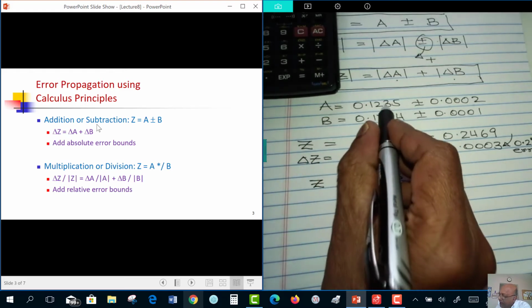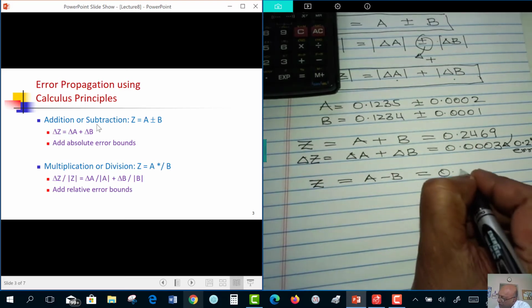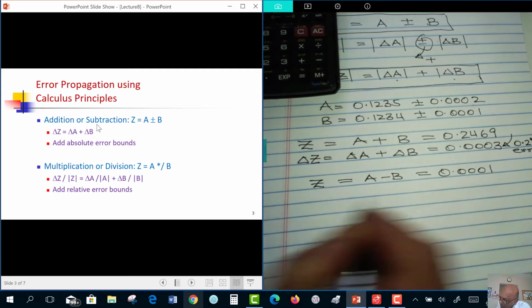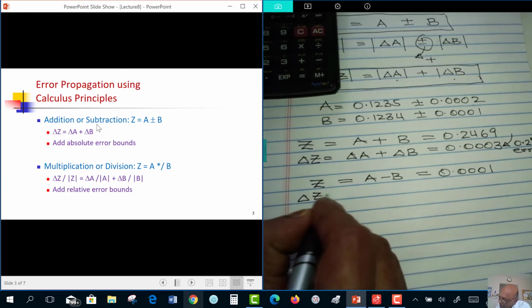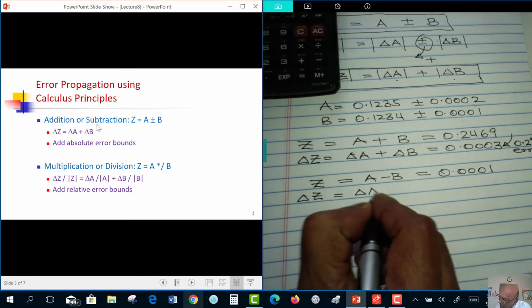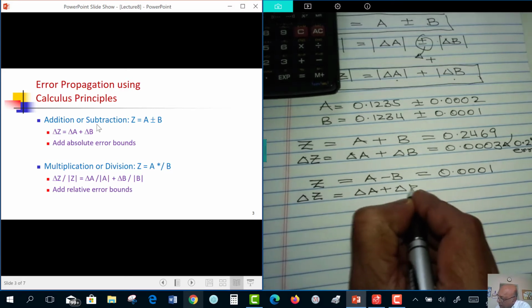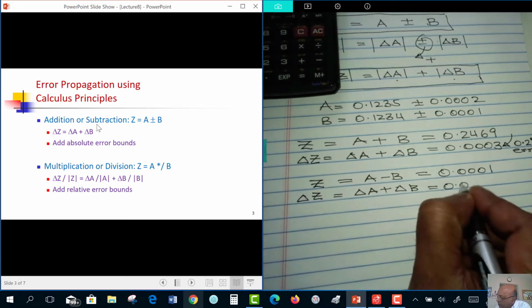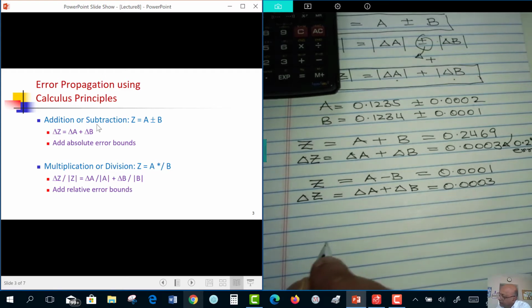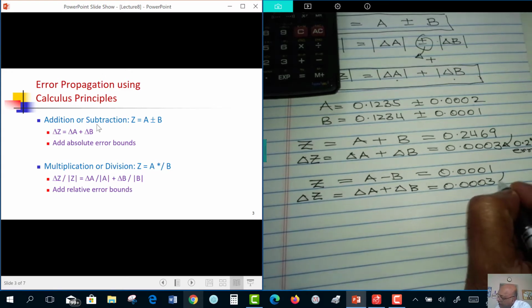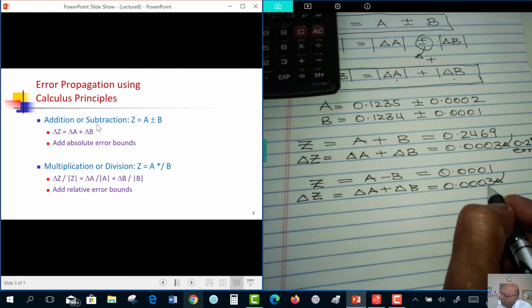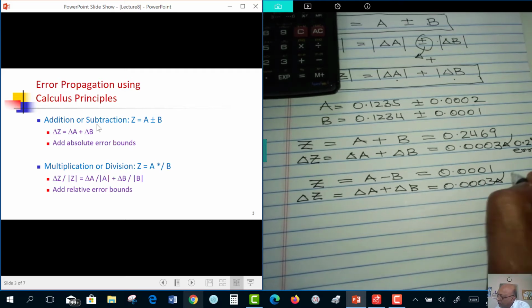Okay, let's look at subtraction. So we subtract A minus B, we will get 0.0001. Now delta Z remains the same, delta A plus delta B. So that's 0.0003 still. So let's calculate percent error here. So we'll have 0.0003 divided by 0.0001.